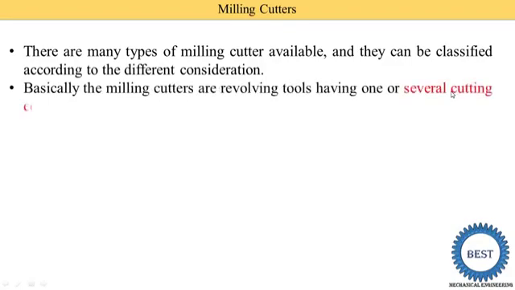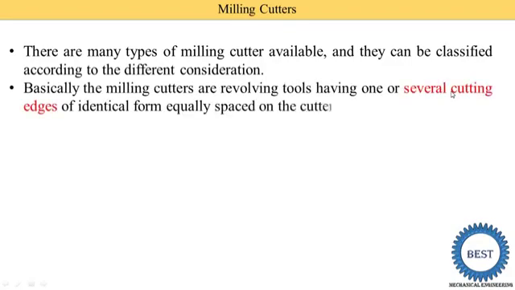Basically the milling cutters are revolving tools having one or several cutting edges of identical form equally spaced on the cutter. Means a milling cutter has either one cutting edge or several cutting edges, that is 15-20 depending upon the tool, and these several cutting edges are equally spaced on the periphery of the cutter.